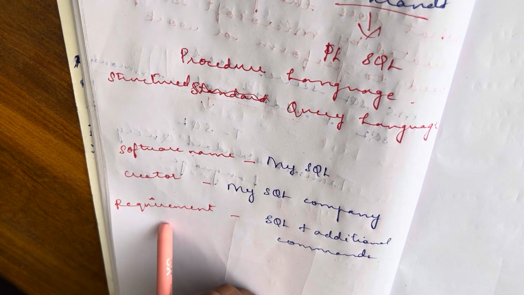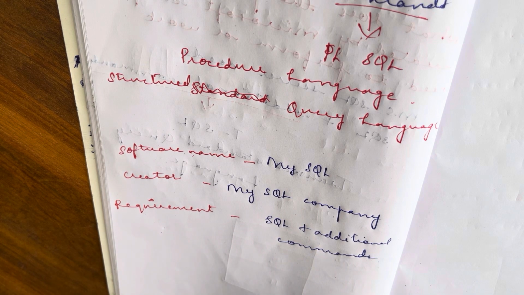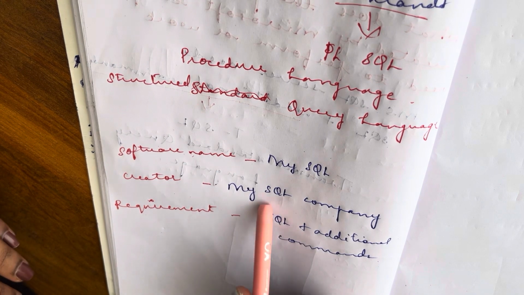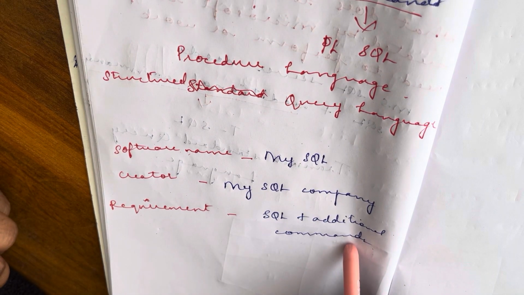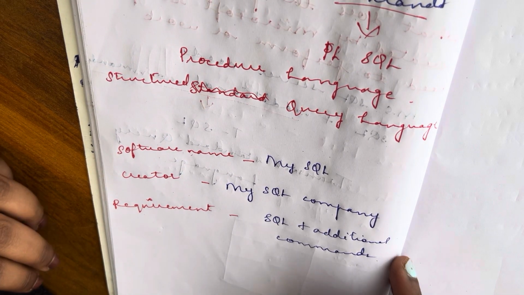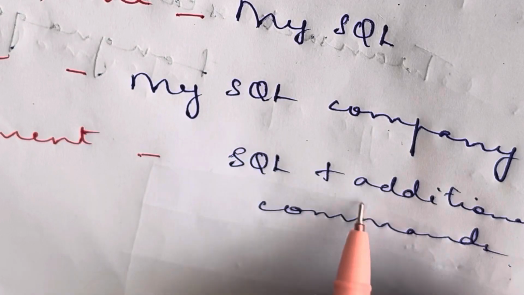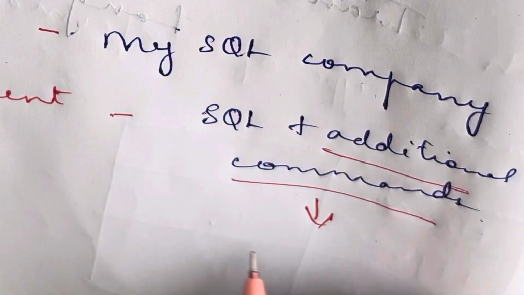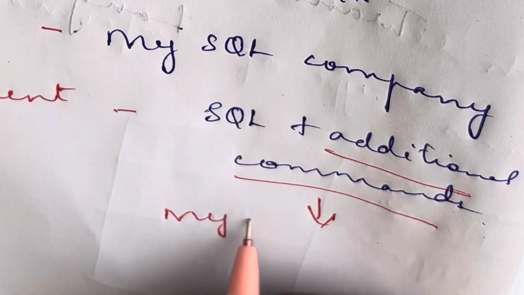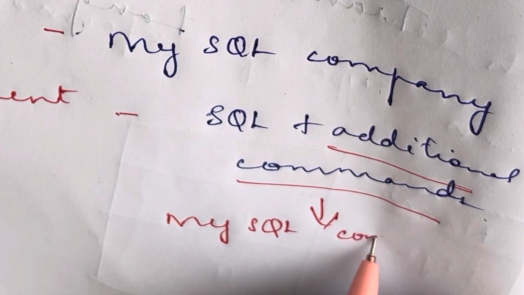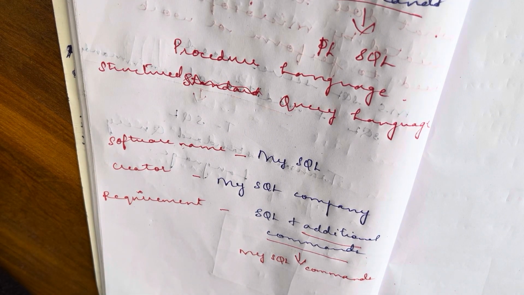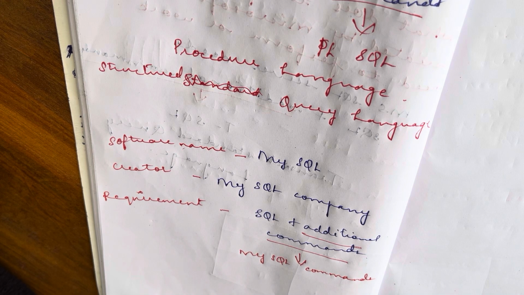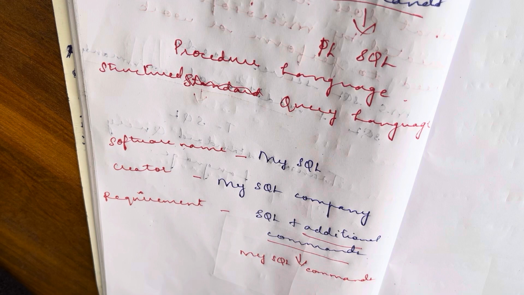The language required to perform in MySQL is SQL plus additional commands. Here also we need additional commands. But what are those additional commands? The additional commands are MySQL commands. So MySQL has its own programming language. It'll be similar to PL SQL only.